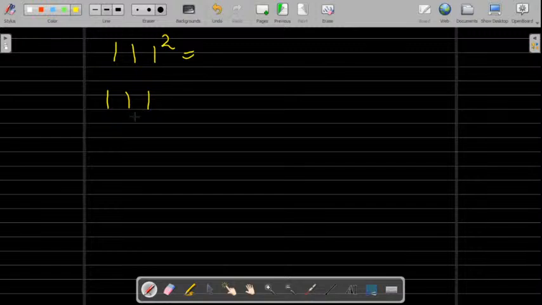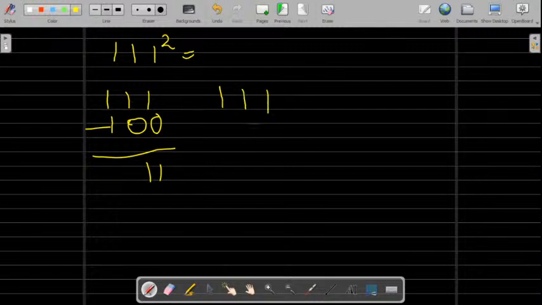So this is 111. Take the difference from 100, so how much will you get? 11, right? 11 will come. So next, as per our strategy, you have to add that to 111.